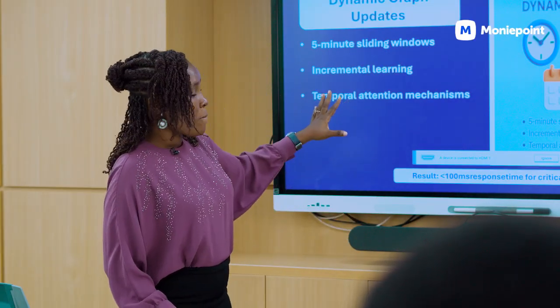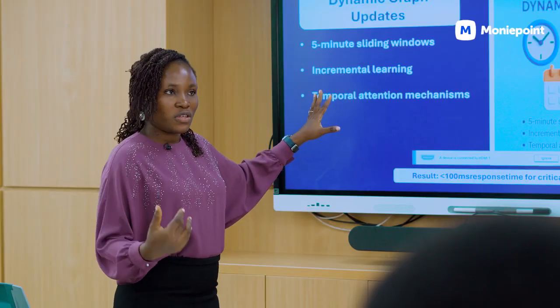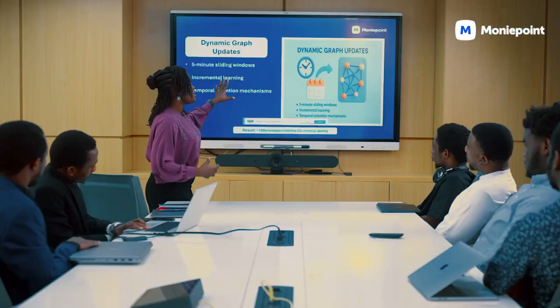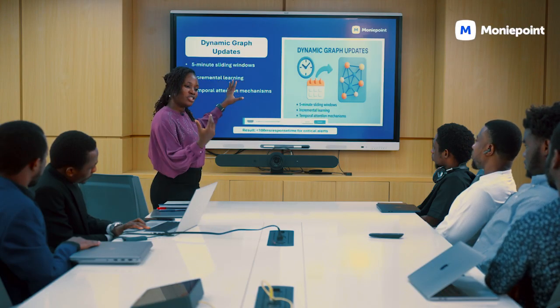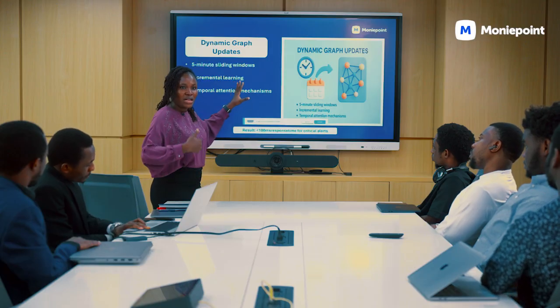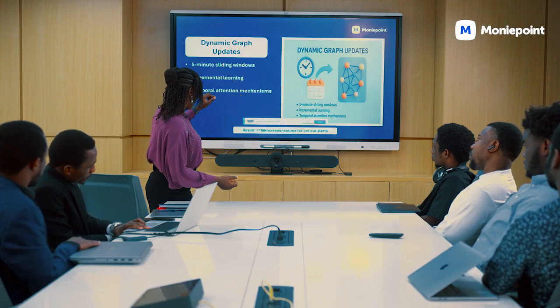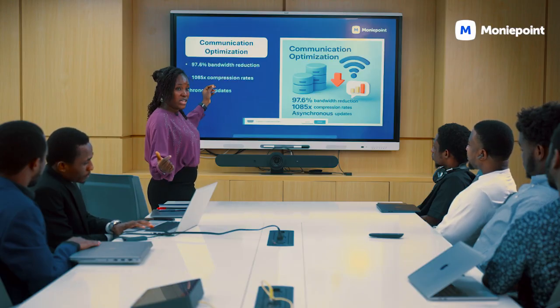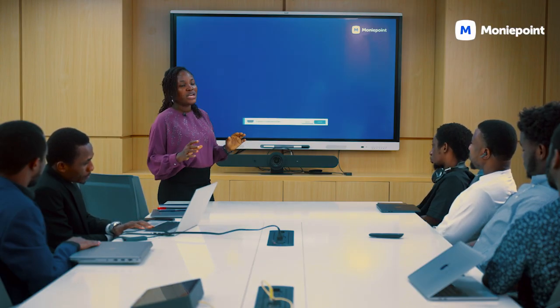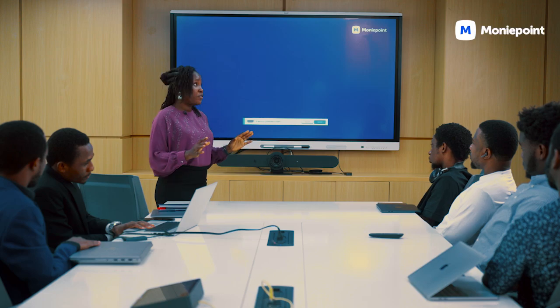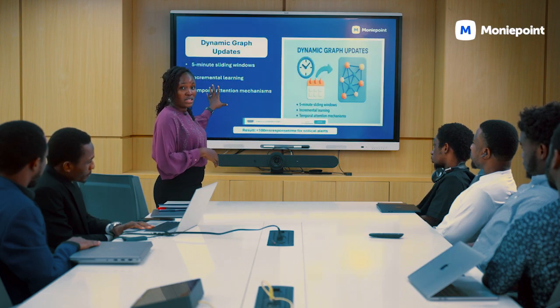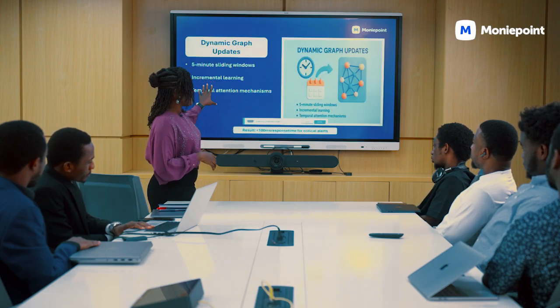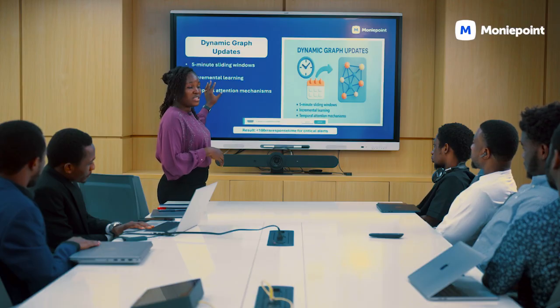Okay, so now when we have new data, new logs coming in, this is what we refer to as dynamic graph updates. The model should be able to update the graph data as new logs come in. One of the methods that has proven to perform well in literature is what I refer to as sliding windows. You can set the time, but for this particular work, what I used was a 5-minute sliding window.